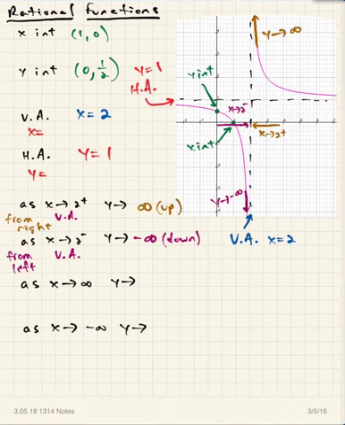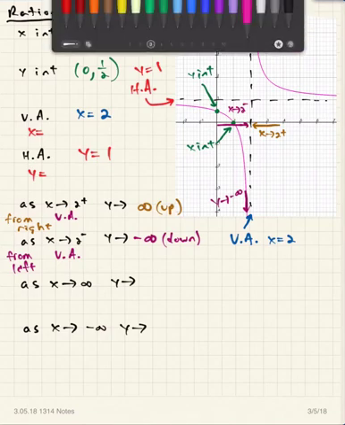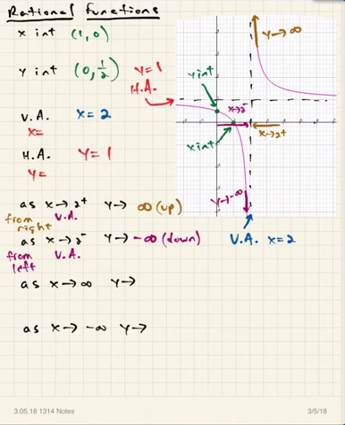Finally, the last questions, as x goes to infinity and as x goes to negative infinity. That's simply asking, what is the graph doing as x is going to infinity, or as x is going to negative infinity? That question is always asking about the horizontal asymptote.